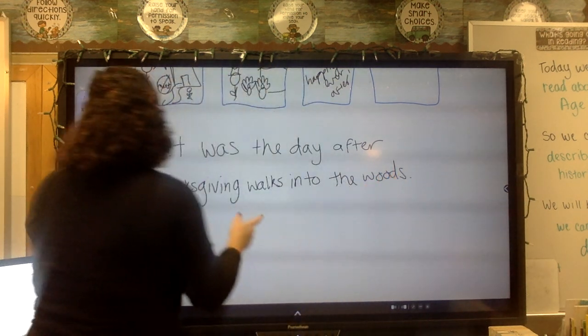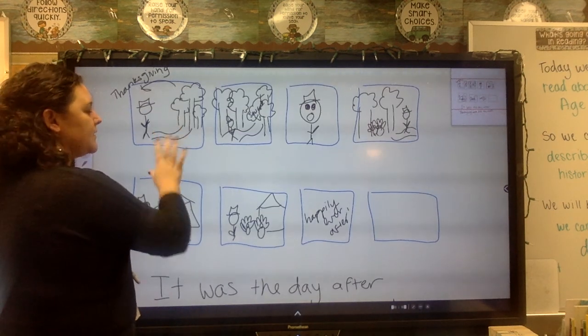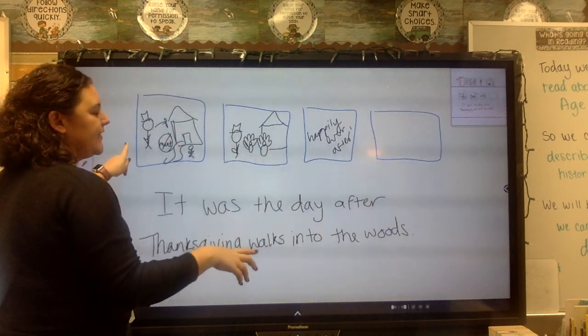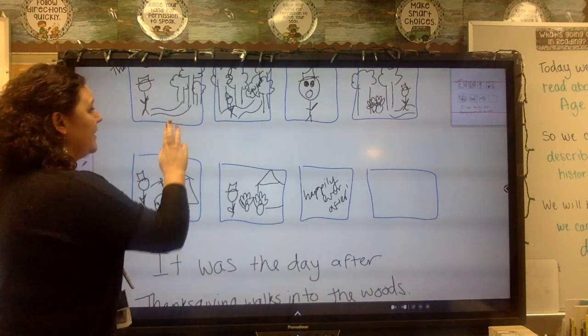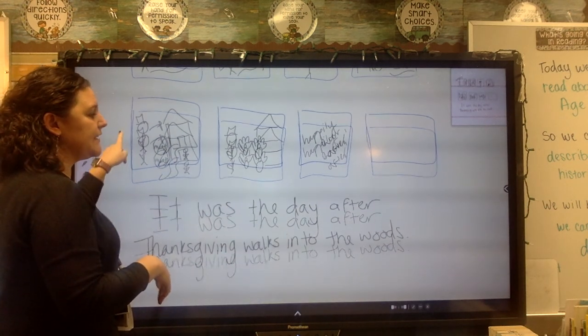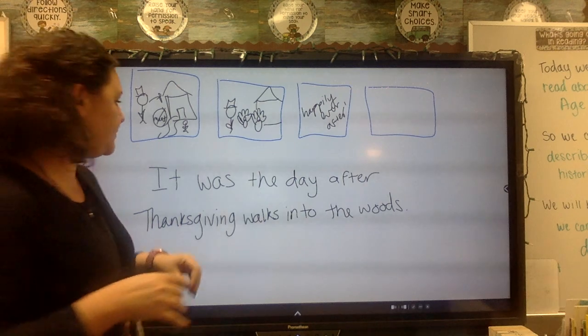Period. Remember, after you write down your ideas from the box, you put a period. And then I would keep writing. When the scarecrow is walking, he suddenly hears a squawk.